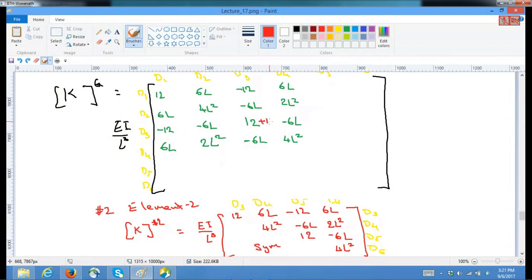So plus 12, minus 12, plus 6L, and this is plus 6L, minus 6L, 2L square, and this one is minus 12.